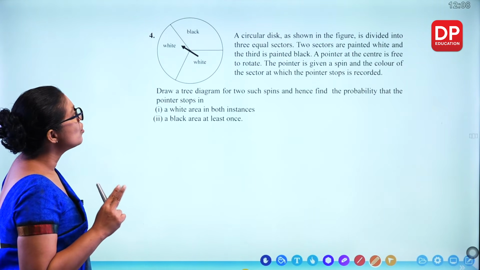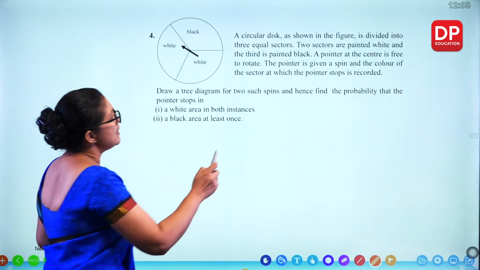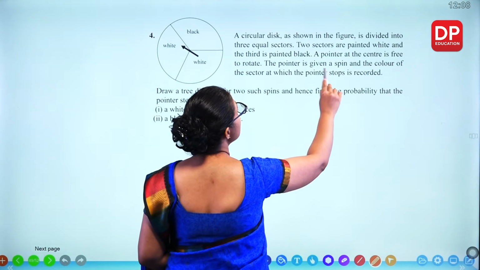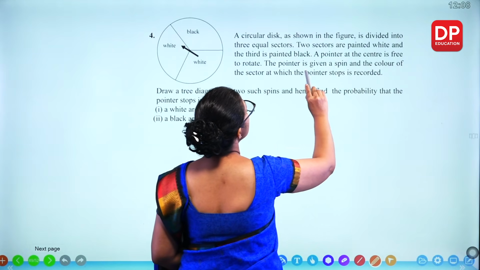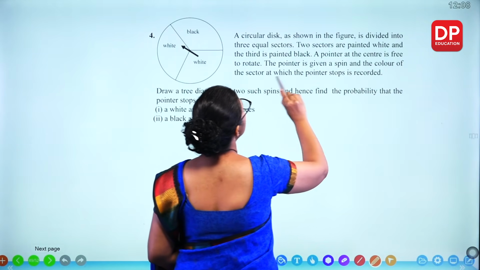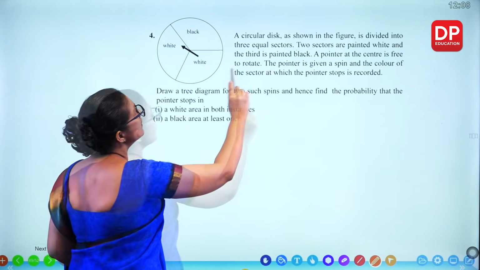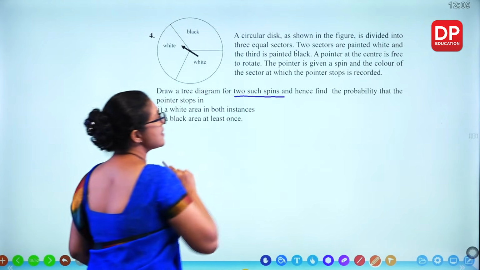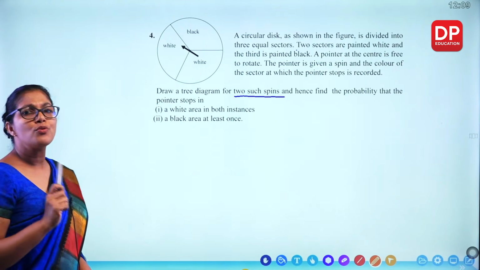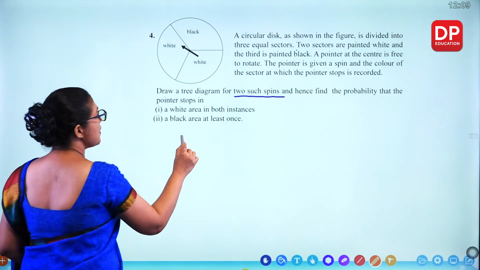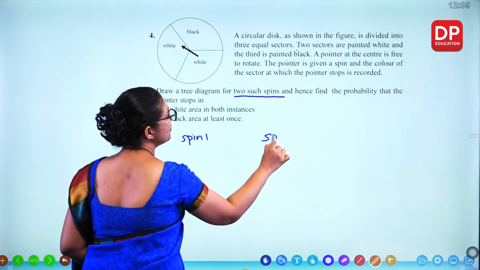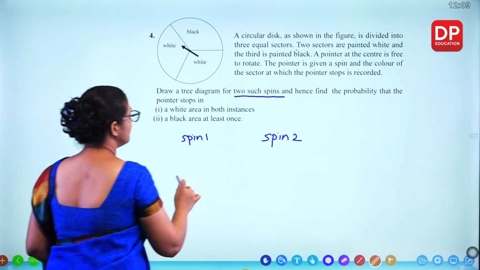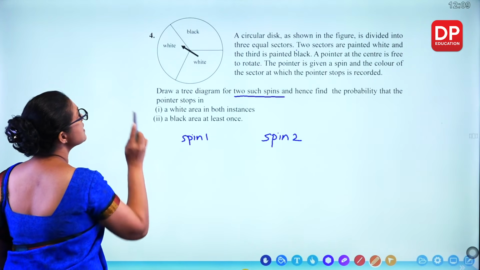So 2 possibilities are there. So here it says a pointer at the center, spin, the color noted. 2 such spins means spin 1, spin 2. What are the possibilities?